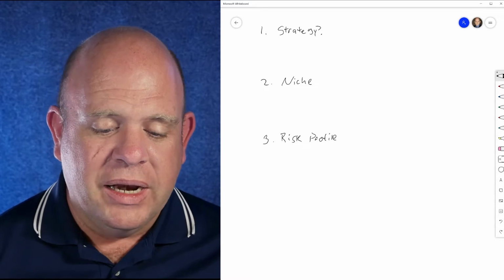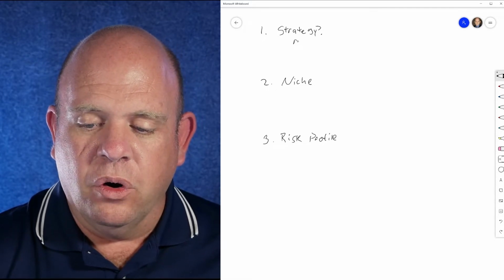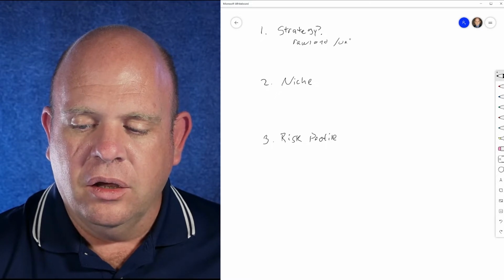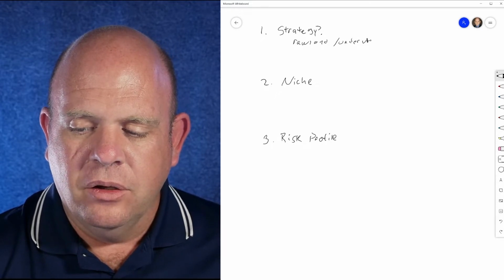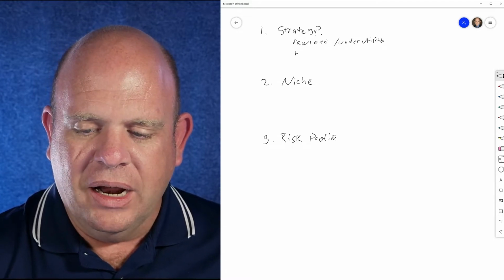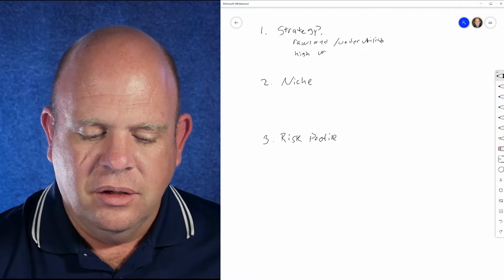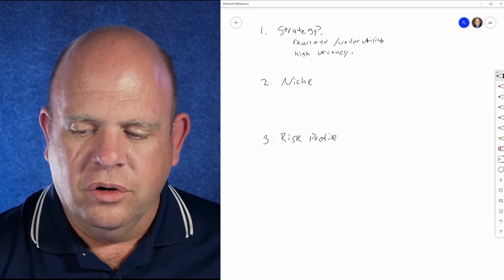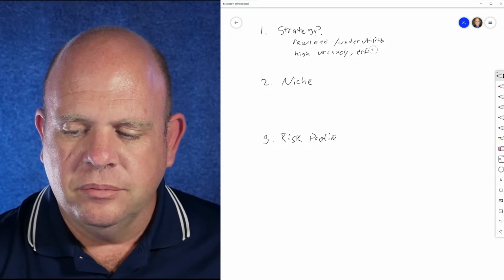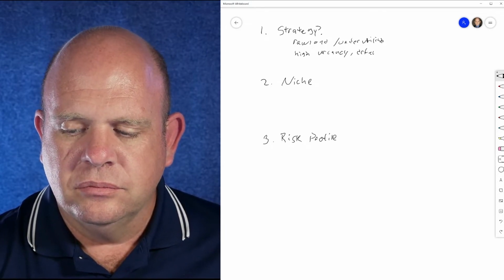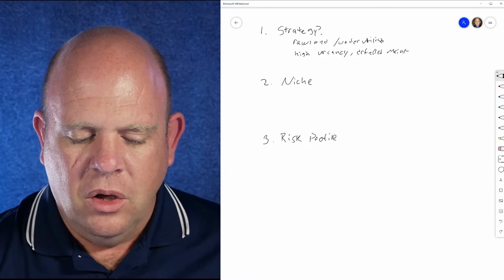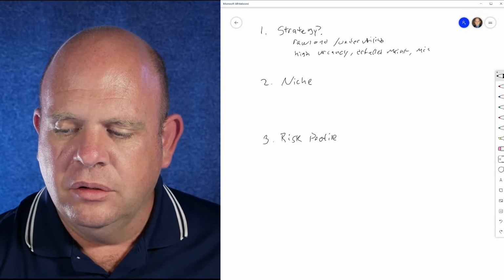Now, if our strategy is development, we're looking for raw land or underutilized property. If we are value add, we're looking at high vacancy or deferred maintenance, or missed opportunity.